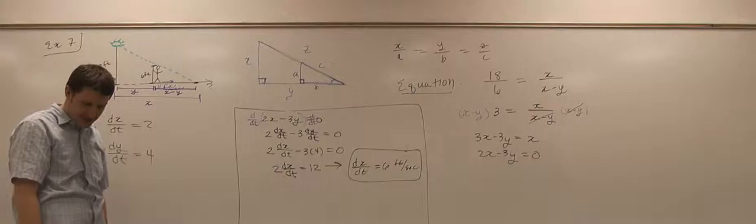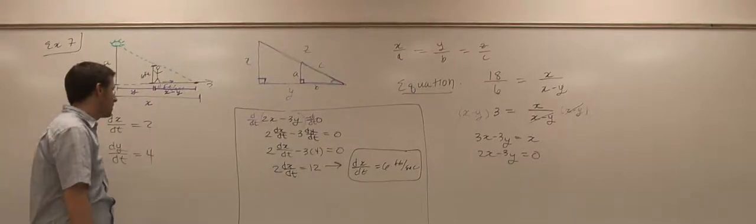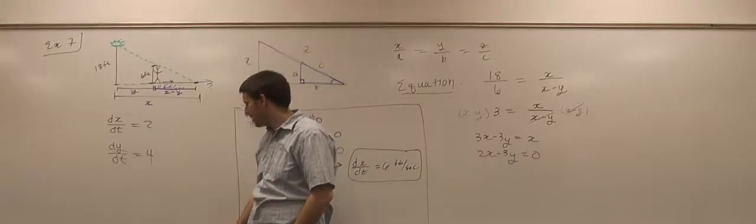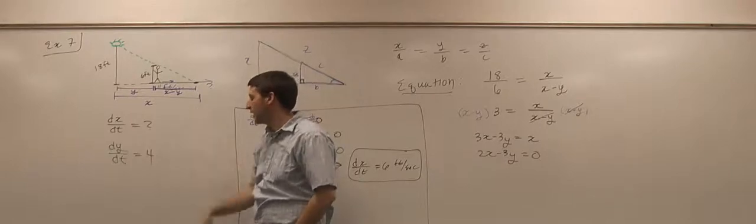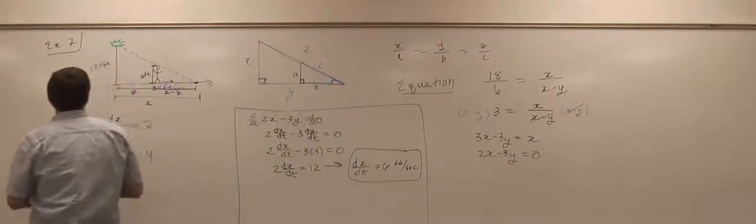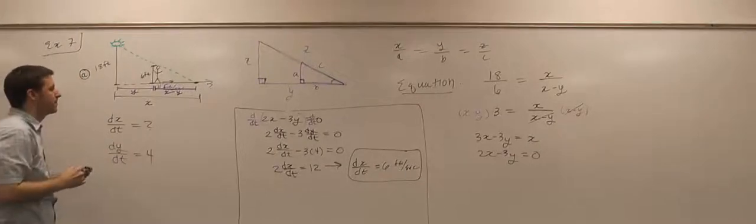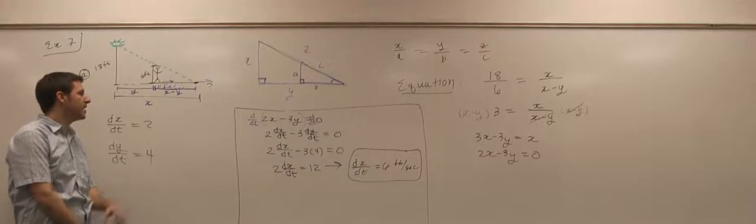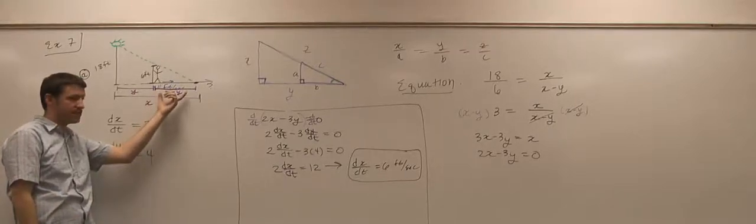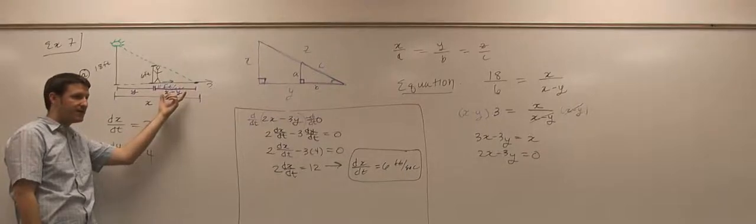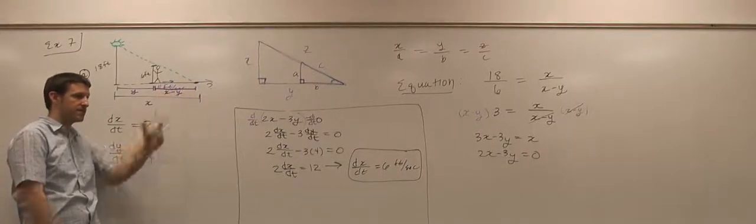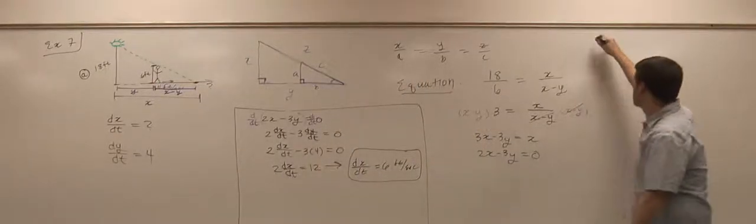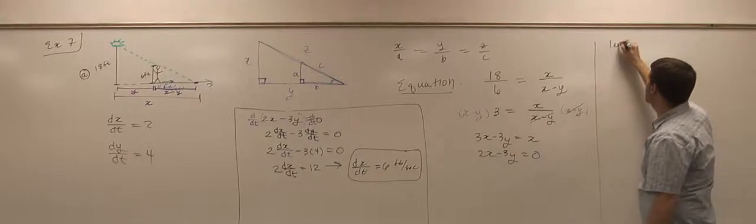I then asked, how fast is the length of your shadow changing? So I asked a different question related to this setup, and I can do that real quick. One quick way to do that: the length of the shadow is x minus y. So if you want to know how fast that's changing, you take the derivative with respect to time of x minus y.